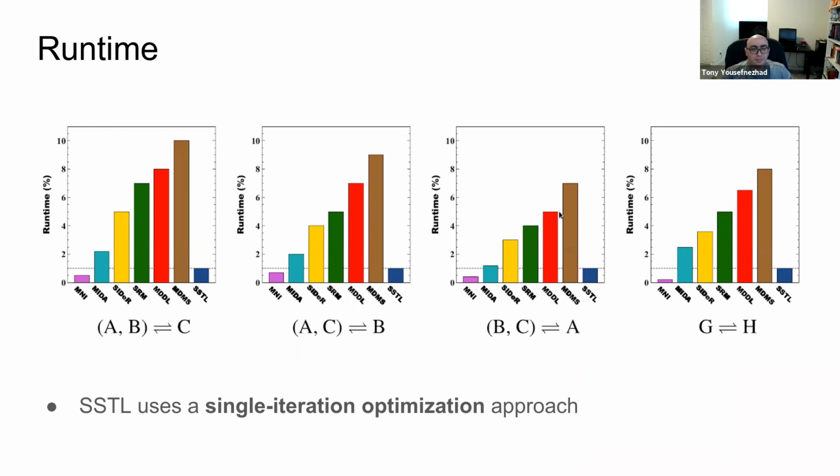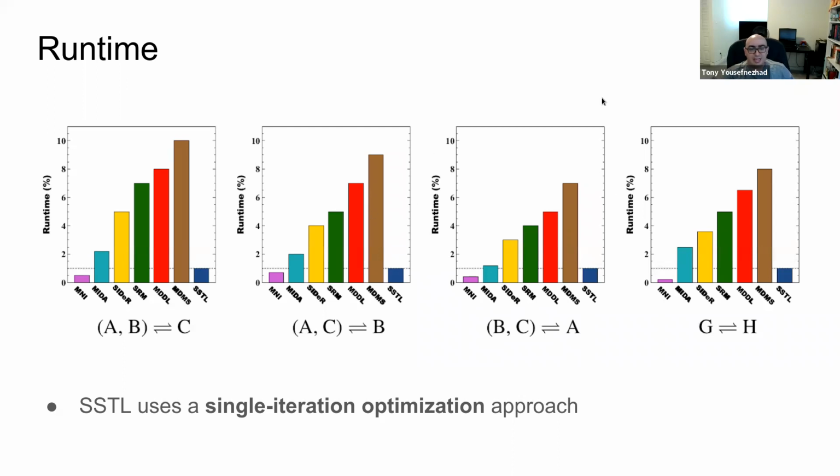And it's really important, because most of the time learning from high dimensional data takes a long time, and having this much efficiency in the runtime makes a lot of improvement to the analysis. So that's the runtime example for these 4 data sets, and the others have the same tendency.